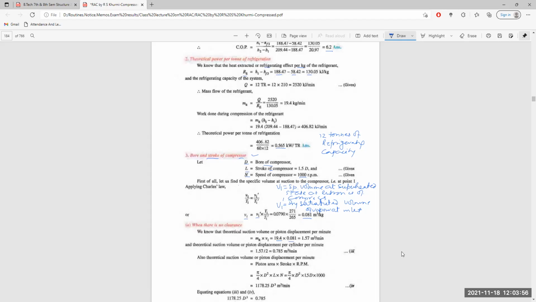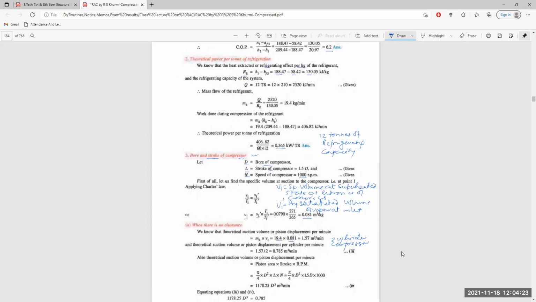The theoretical suction volume of piston displacement per cylinder per minute would be, as there are two cylinders in the compressor, 1.57 divided by 2 is equal to 0.785 cubic meter per minute. But that is the theoretical suction volume of piston displacement.